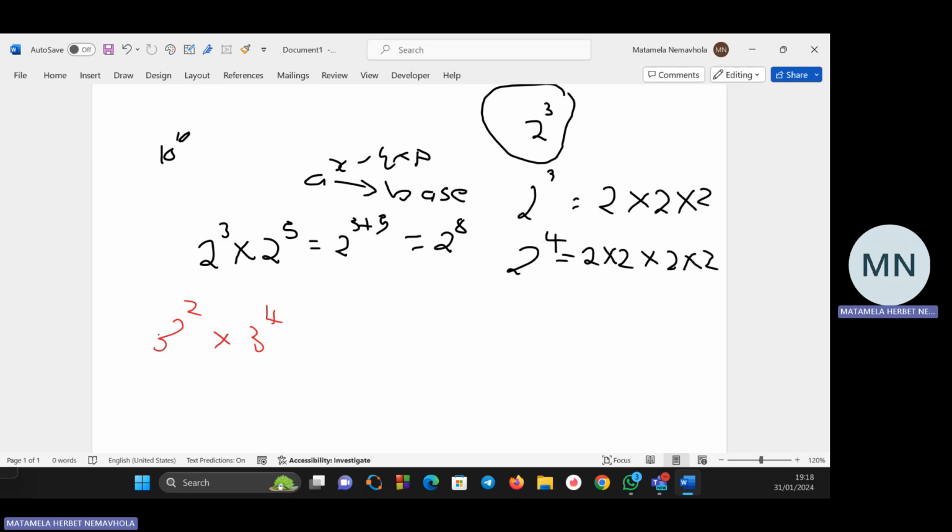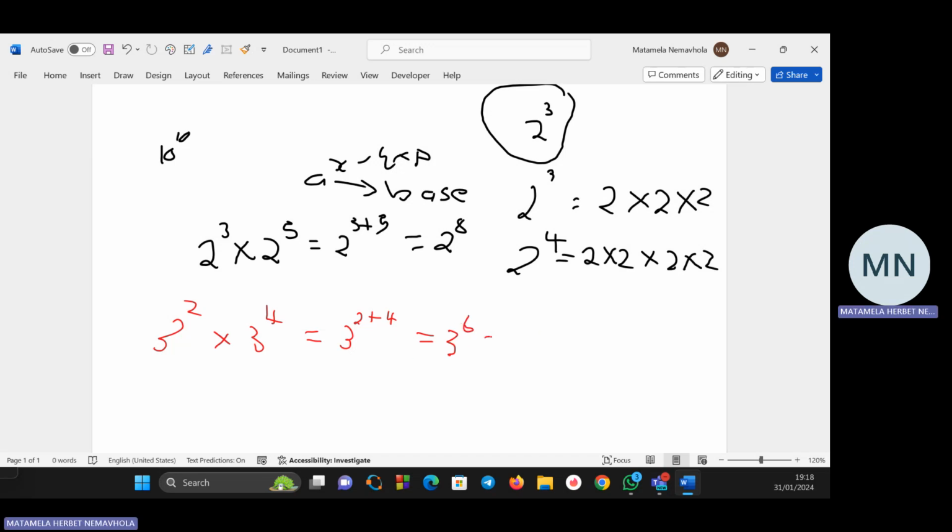The base here is 3 and the exponent is 2, and the base here is 3 and the exponent is 4. Because the bases are the same, it's going to be 3 to the power 2 plus 4, which is equal to 3 to the power 6.